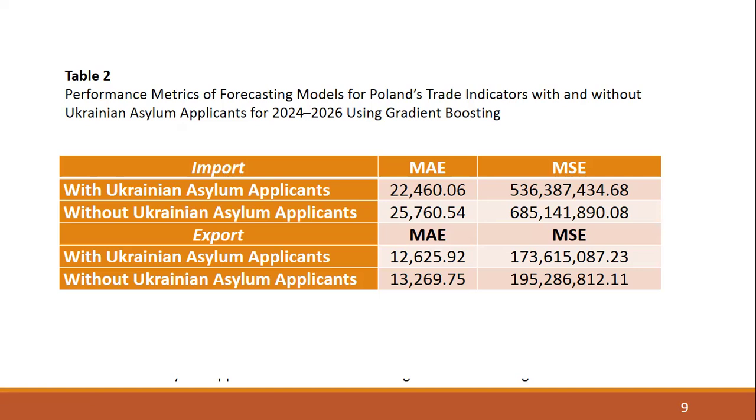Incorporating the external variable into the forecasting model leads to a reduction in both the mean absolute error and mean squared error for both imports and exports. This analysis allowed for the assessment of how including migration information improves the accuracy of forecasting trade indicators for the host country, using Poland as an example, in the context of the significant increase in the number of Ukrainian refugees due to the Russia-Ukraine war.